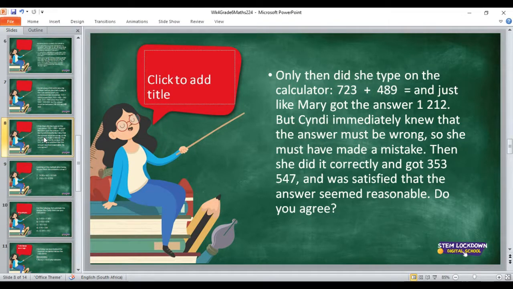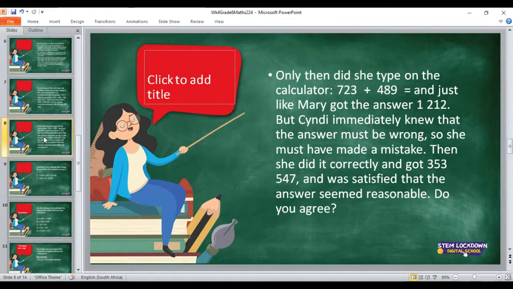However, the answer is wrong for the calculation that she's given, because the calculation that she's given has a times sign and not a plus sign. That is why now the answer is wrong. And then because she estimated, unlike Mary, she immediately knows that no, this answer cannot be correct. There's something wrong that I did.